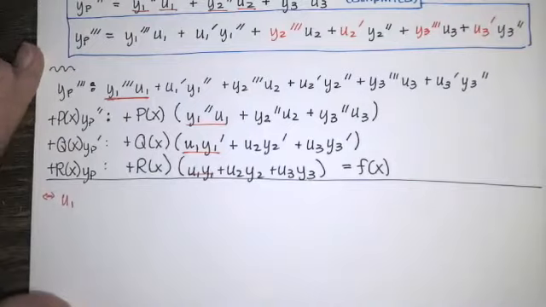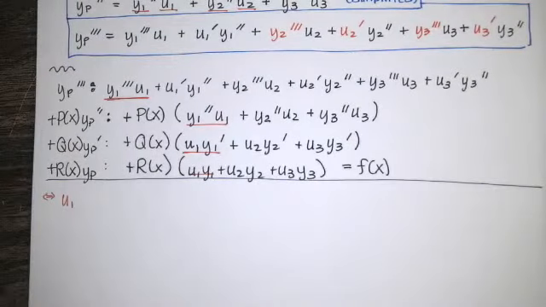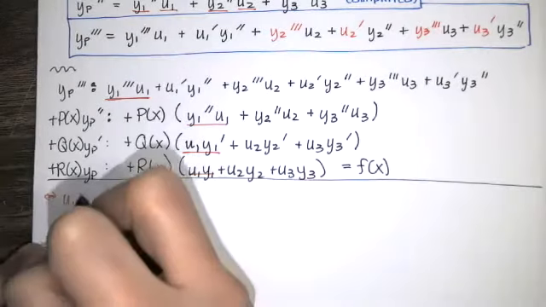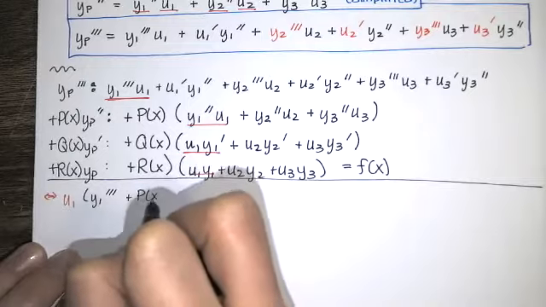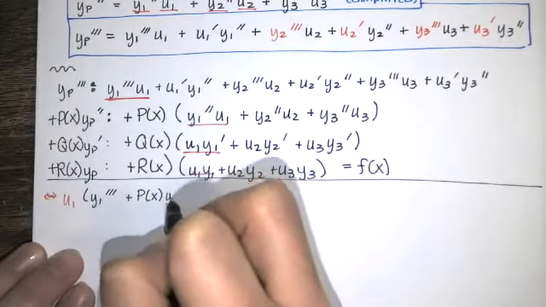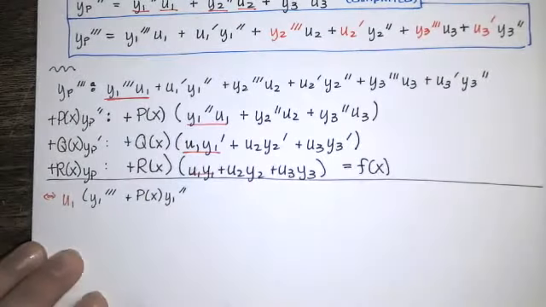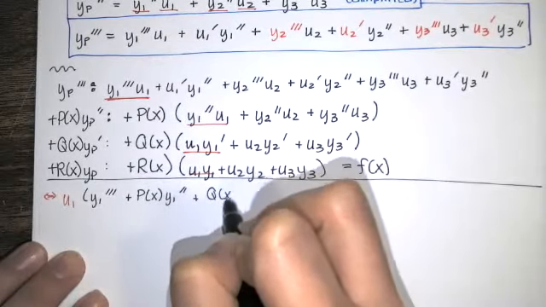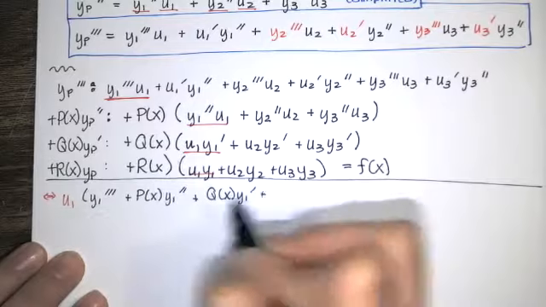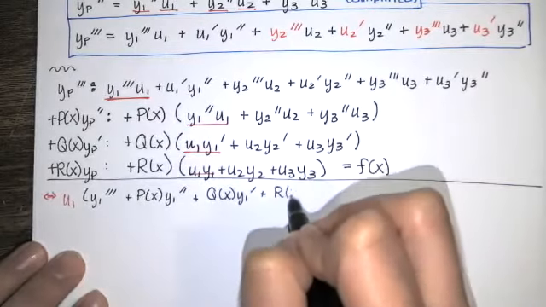So I've got u1 times all of this. So it's y sub 1 triple prime plus p of x times y sub 1 double prime, times that u1 which I factored out, plus q of x times y sub 1 prime plus r times y sub 1.